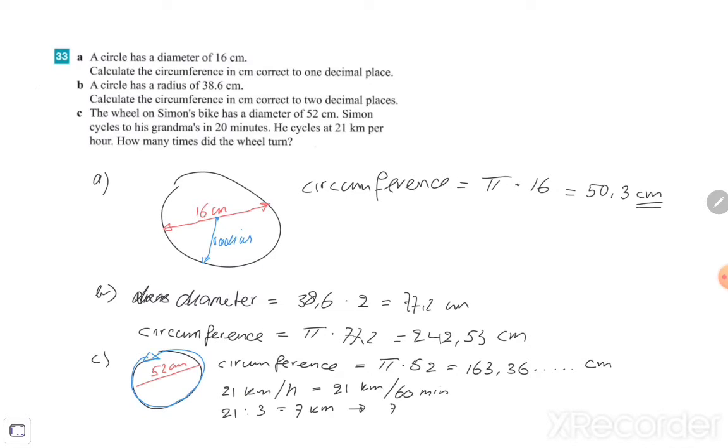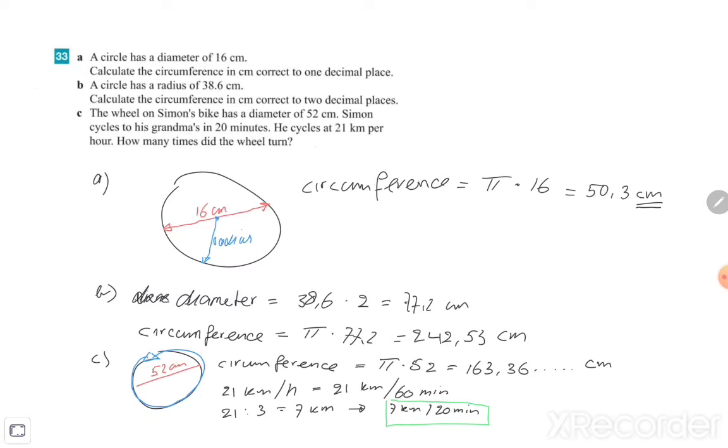So it is 7 kilometers in 20 minutes, because if I divide 60 by 3, then you get 20. So you also need to divide the 21 by 3. Very important is that the speed is 7 kilometers in 20 minutes.